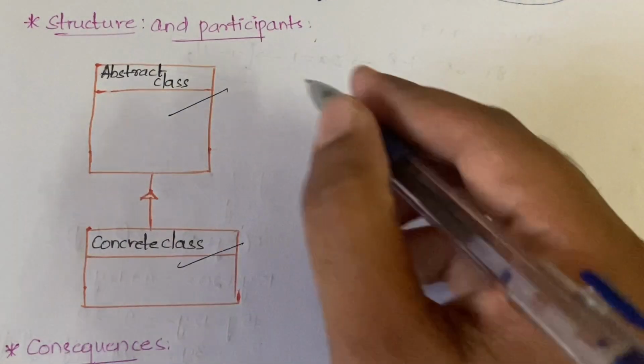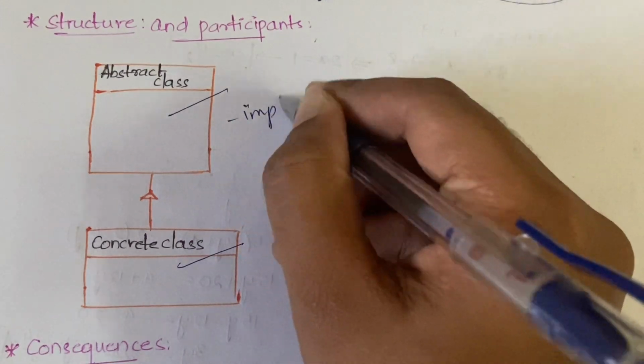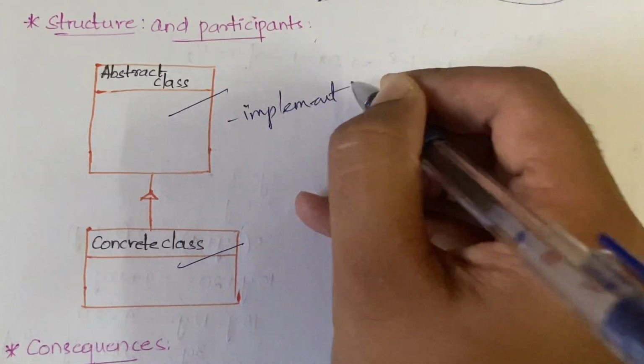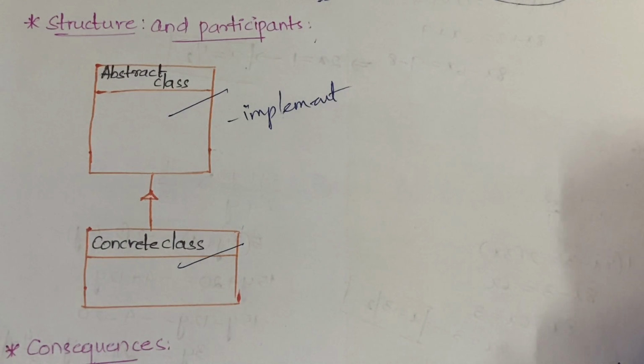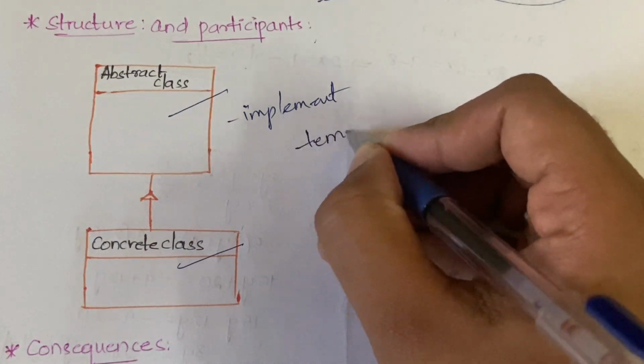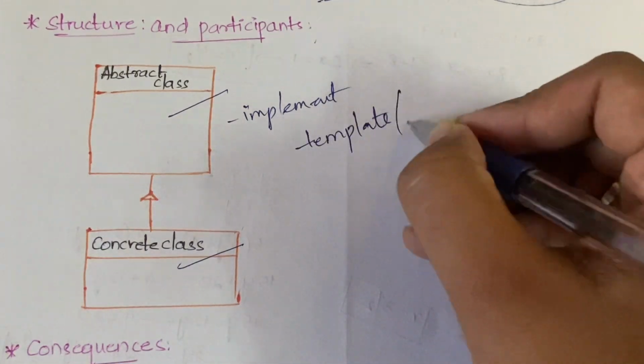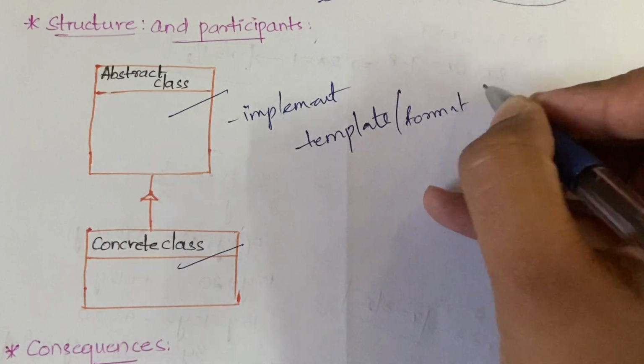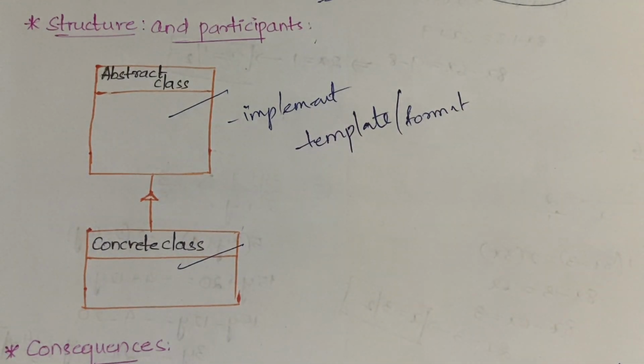This abstract class will implement a template method which will define the skeleton of an algorithm. Again, skeleton is nothing but the template. Okay, here you have so many words: template, format, outline, layout. Okay, it is like an English vocabulary test but that's okay, don't worry.